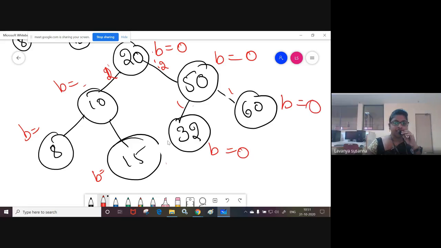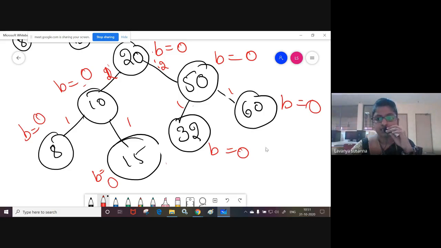For leaf nodes, the balancing factor is 0 only. 1, 1, 0. Okay, see here, for each and every node, you got either 0 or 1. So this tree is balanced.